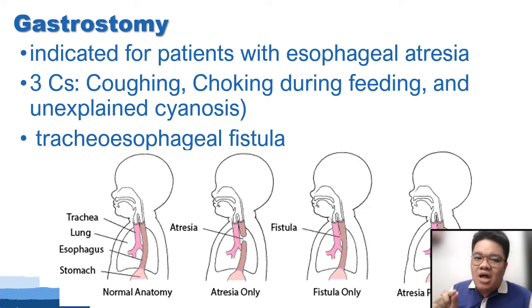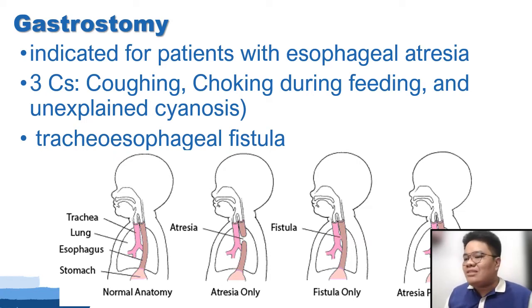Class, when I talk about atresia, just think that there may be narrowing, or it is also possible that the esophagus is not attached from top to bottom. Usually, dear students, your esophageal atresia is congenital in origin. In other words, upon the birth of the child, it's already there. So that's one reason I would need a gastrostomy tube.